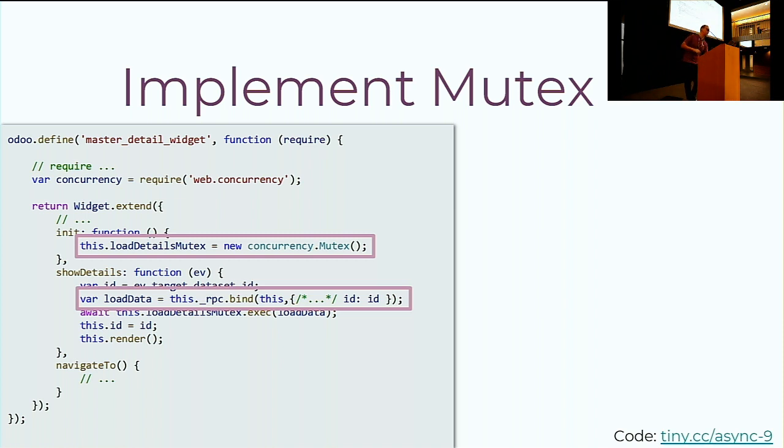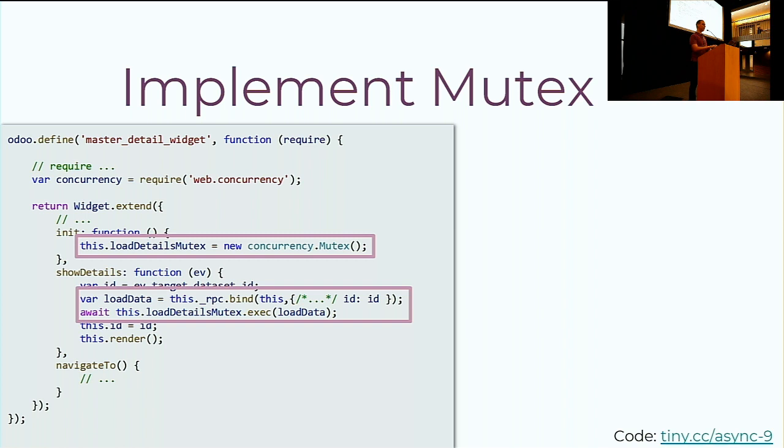So here, I'm creating a variable called load data, and this variable contains a new function that is bound to this instance of this widget, and that, when called, will execute this.rpc with the parameters here. So that's not Odoo specific, it's JavaScript specific, but you need to do that.